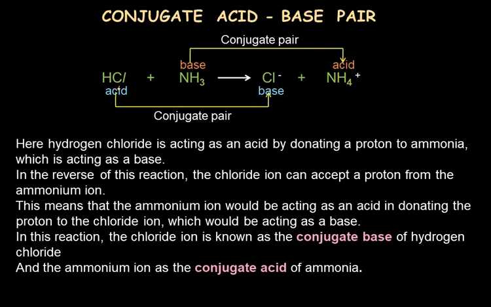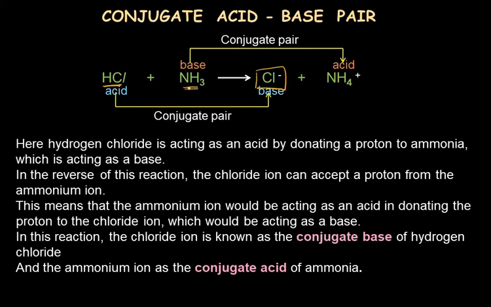Let's rethink here again. What has happened is that hydrogen chloride, after donating the hydrogen ion as an acid, forms the chloride ion. So chloride ion is the base of the acid hydrogen chloride, and so it's a conjugate acid-base pair. Now what about the other part?